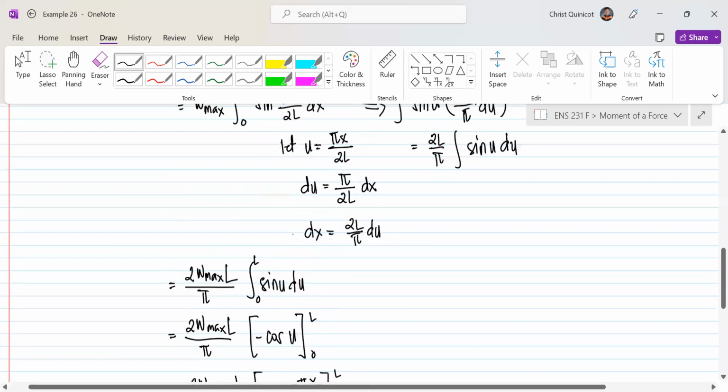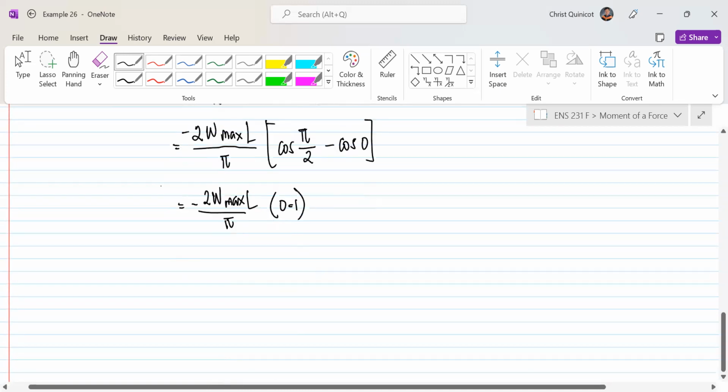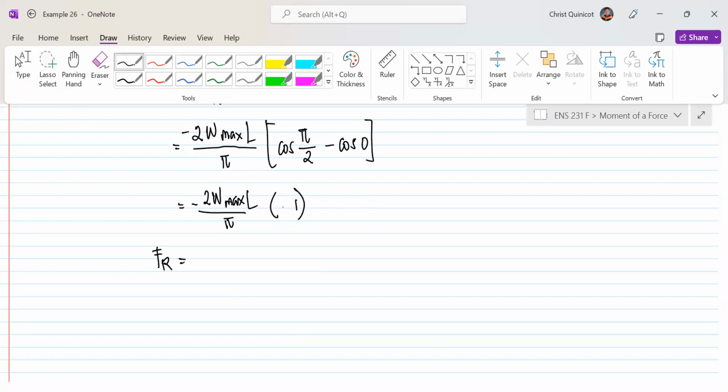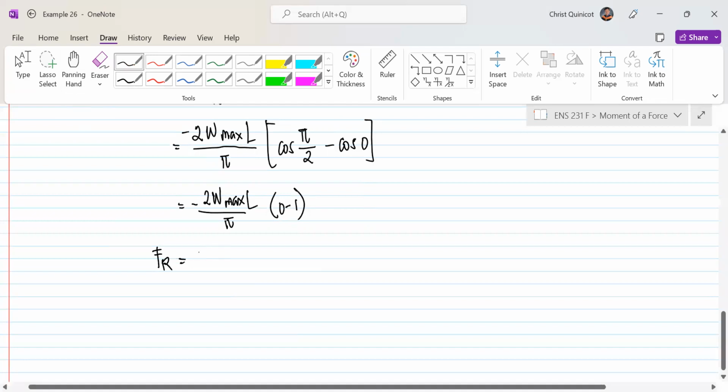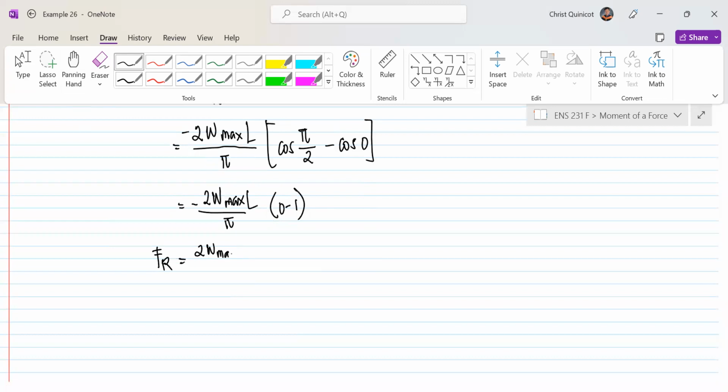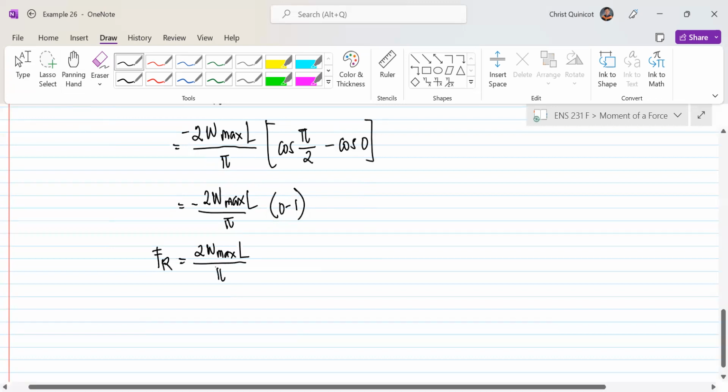So our resultant force F sub R is equal to positive, since it becomes 0 minus 1, so this becomes positive 2 w sub max L over pi.